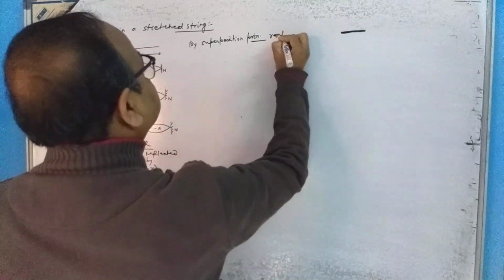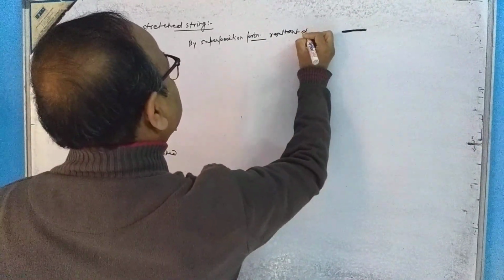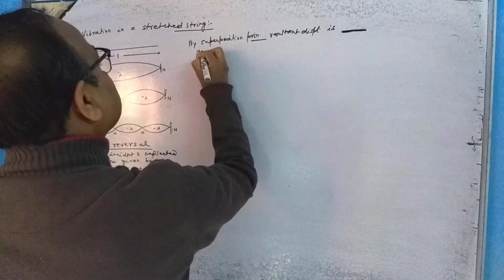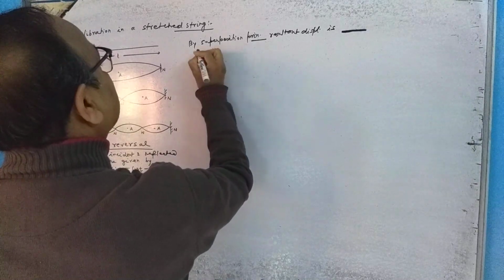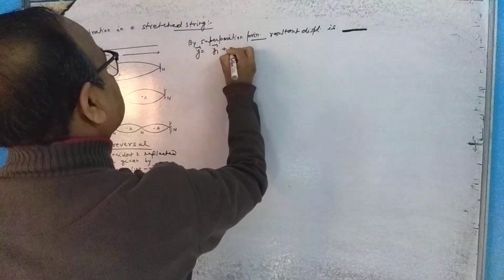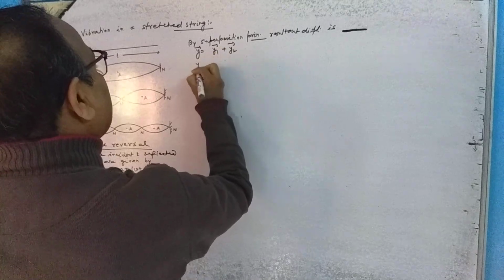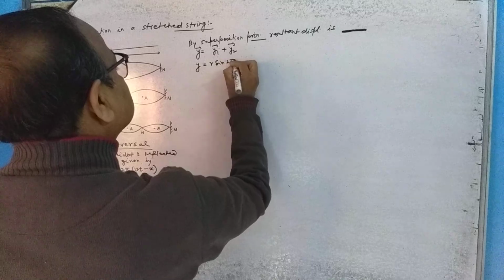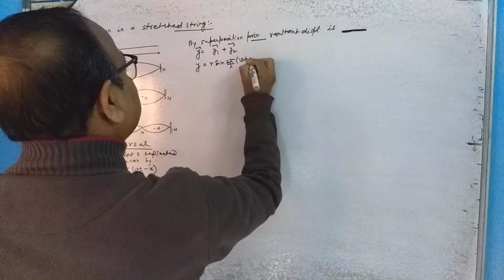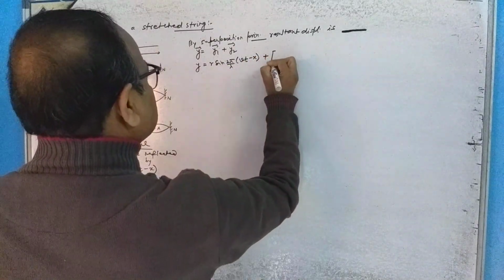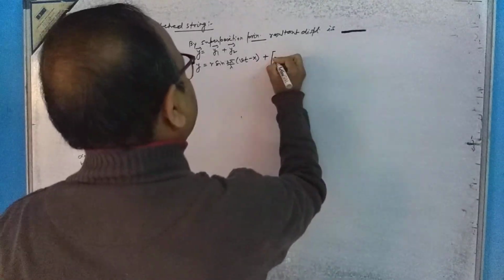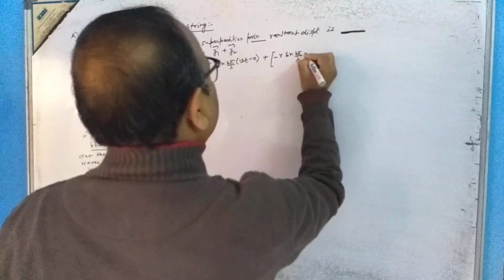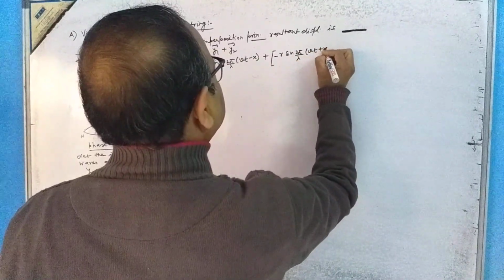The resultant displacement is y vector is equal to y1 vector plus y2 vector. So y is equal to y1, which will be r sine twice pi by lambda (vt minus x), plus here with negative sign, r sine twice pi by lambda (vt plus x).